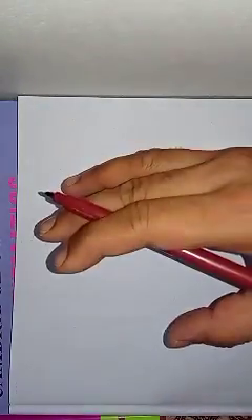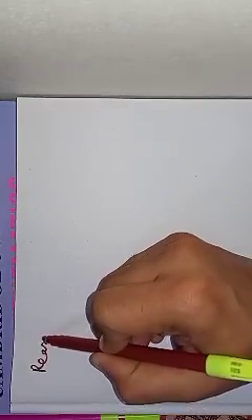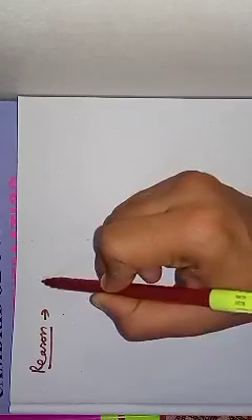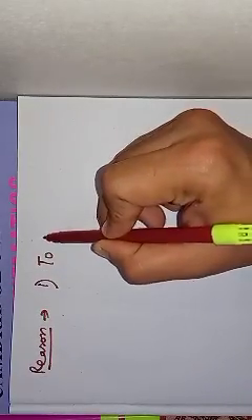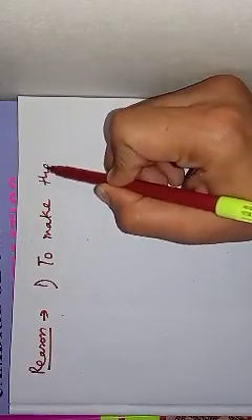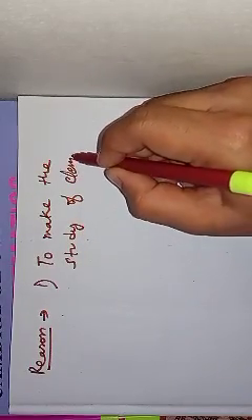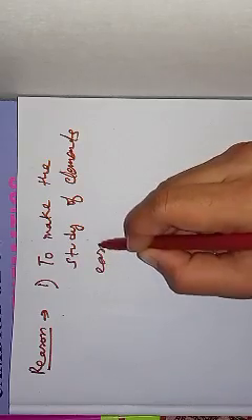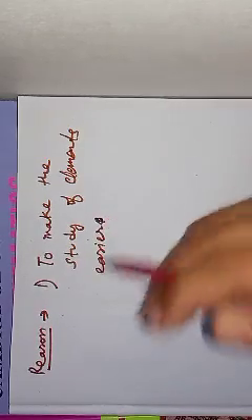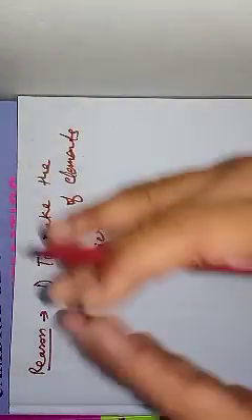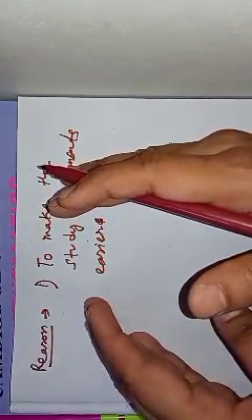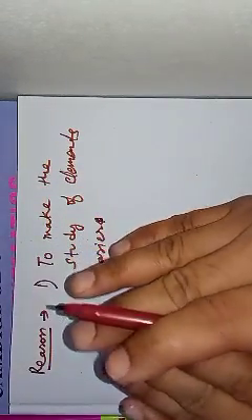So these were the reasons for which the scientists formulated the periodic table. The first reason for making the periodic table was to make the study of elements easier. If all the elements are in a table, on a page, it will be much easier to study the elements.